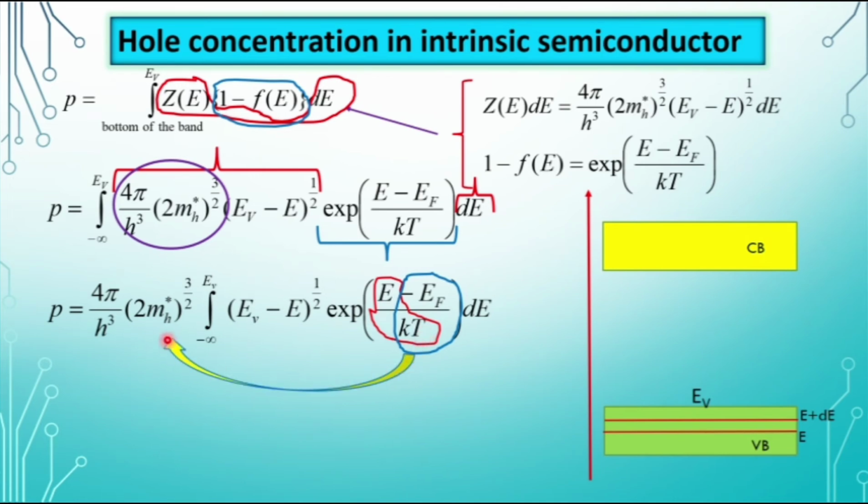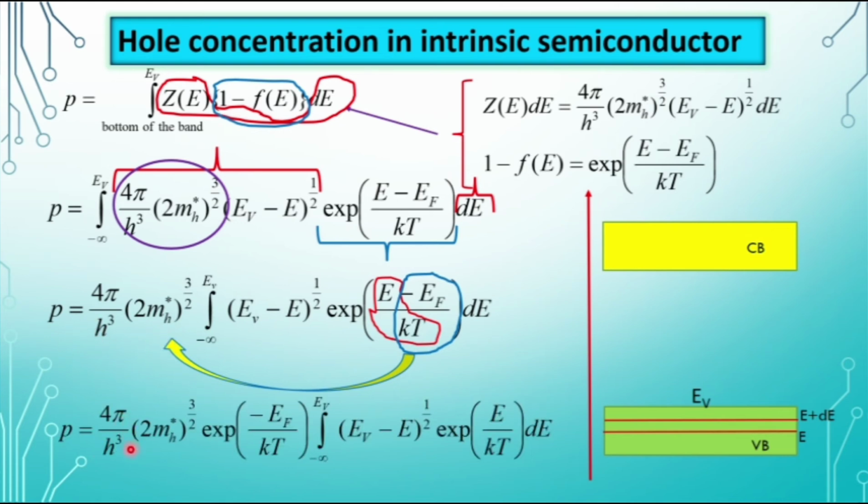Taking this outside, I can write this as 4π by h cubed (2 m_h star) to the power 3 by 2 exponential minus EF by kT, and inside the integration I have (EV minus E) to the power half, and this first term, that is exponential E by kT dE.